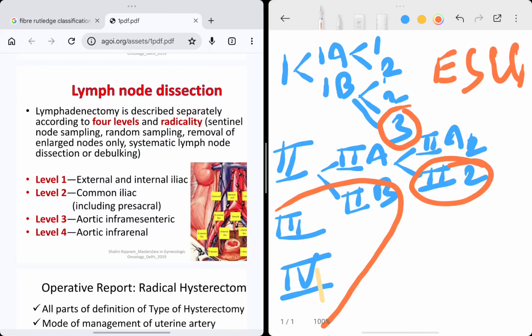Stage 1B3, 2A2, stage 2B, stage 3, these come under the locally advanced group, and 4A.